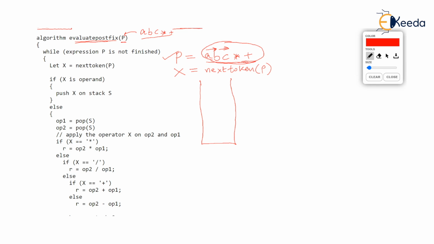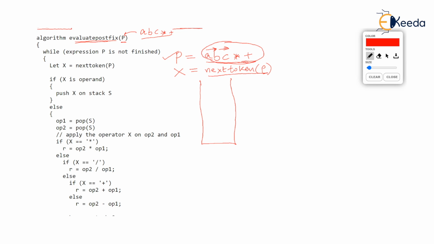Tokens here are A, the next token is B, then next is C, then there is a token asterisk, that is multiplication, and finally there is token plus. So every time we scan the expression, we get the next token, and that is given by the function called next token of P.